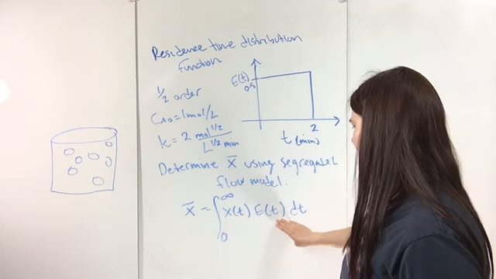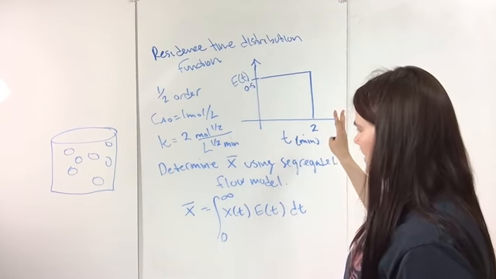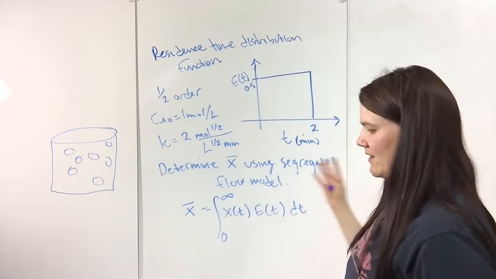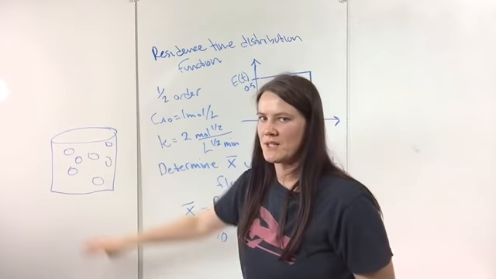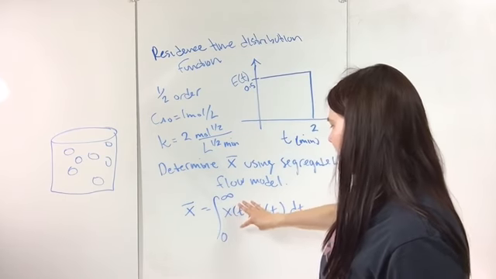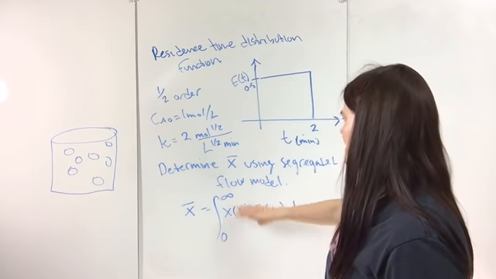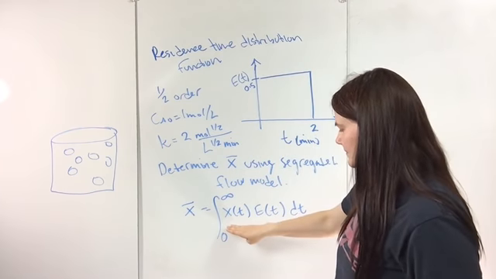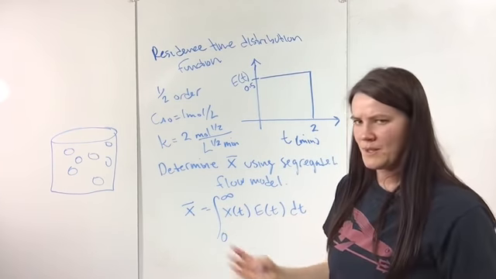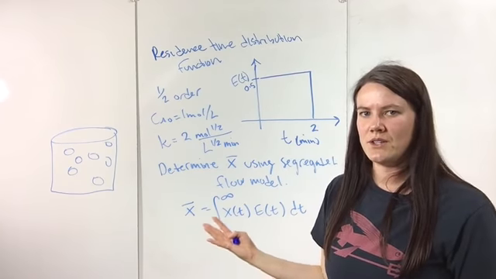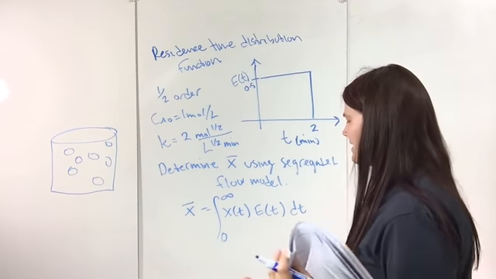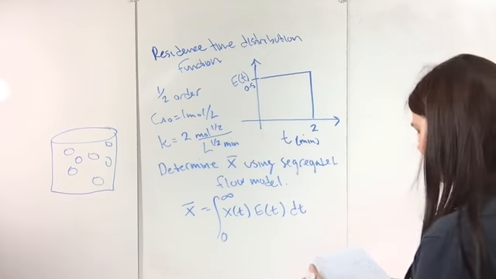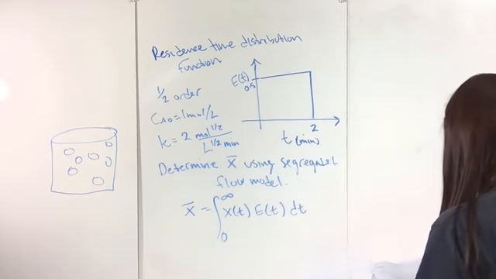And then you multiply that by your time distribution function, so that takes into account how long each of these has been in the reactor. And then you want to integrate that from 0 to your time. So in this case, it would be from 0 to 2. And so basically you're adding up all of these individual reactors and getting a mean conversion.